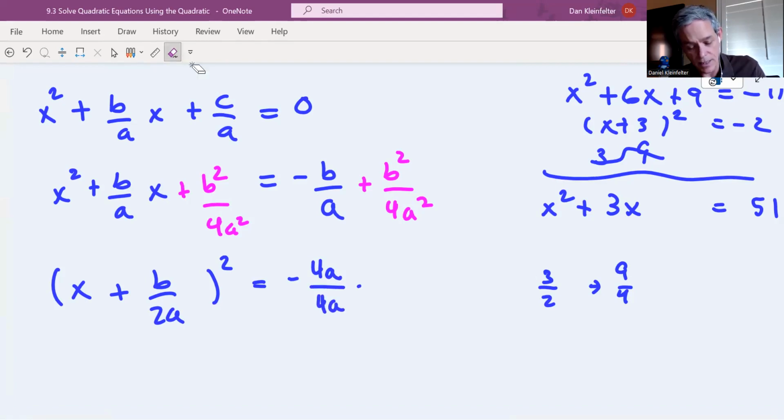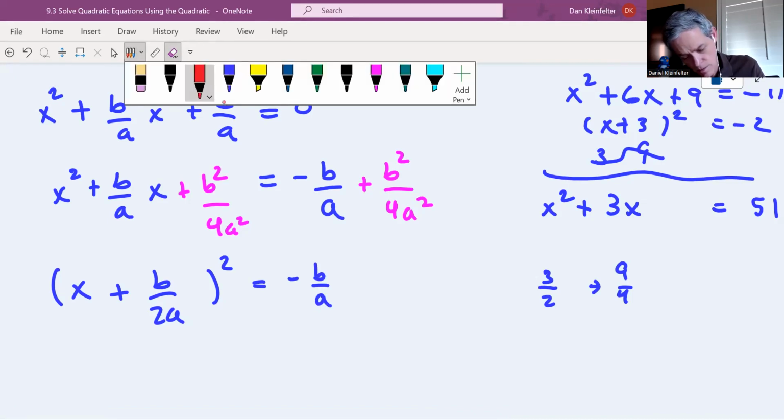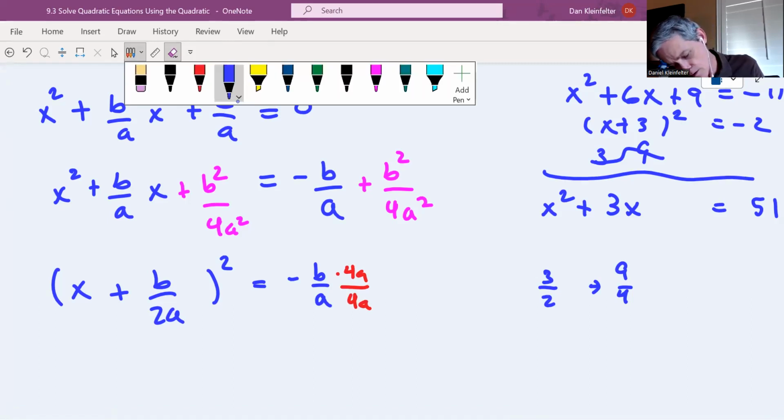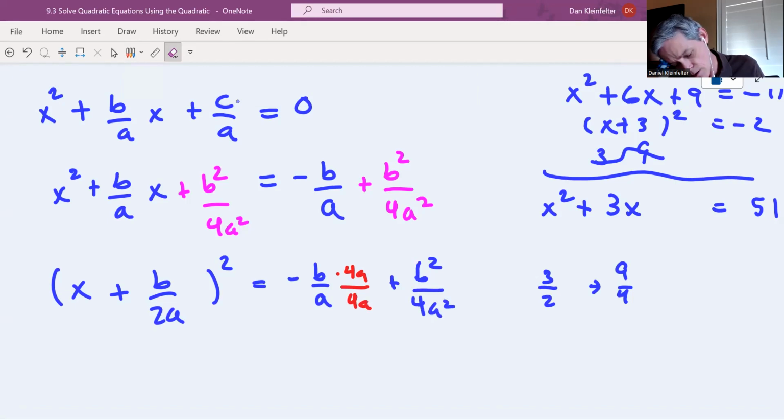Let me rewrite that a little nicer so that it looks more like what I'm doing. All right, so there's a little mistake in here that I need to go back and fix.